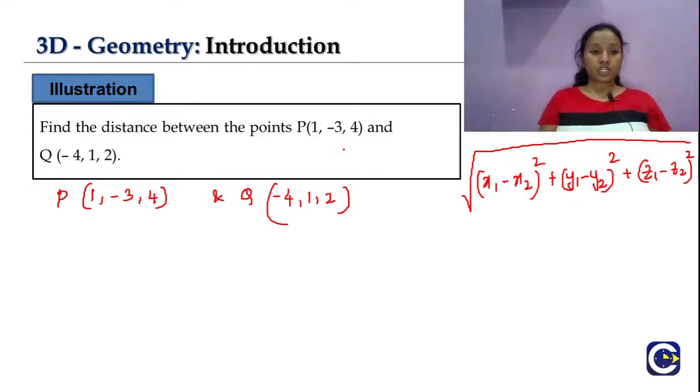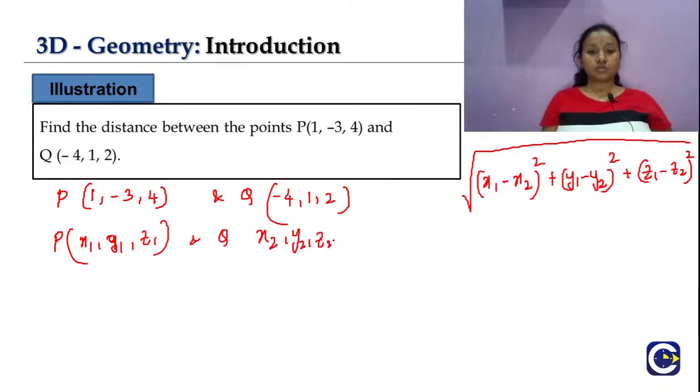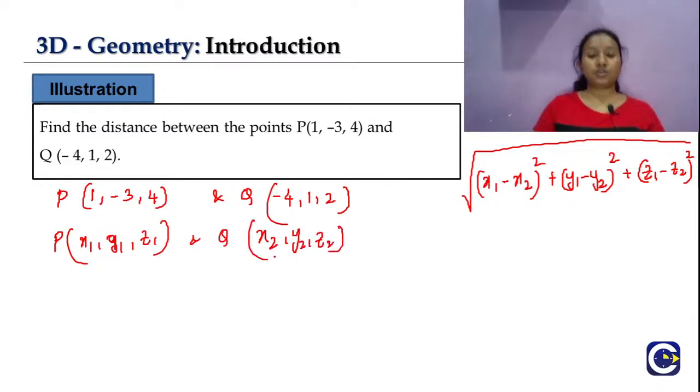According to the given question, P you can take to be x1, y1, z1, and Q to be x2, y2, z2, and accordingly substitute the values in the formula and find the distance between the given 2 points P and Q.